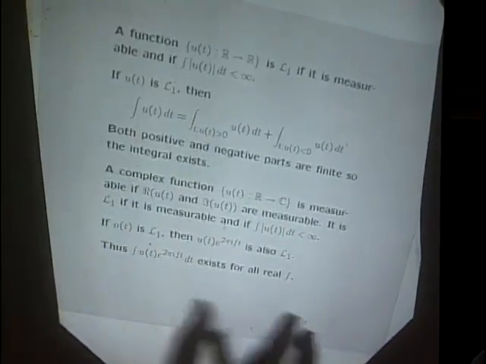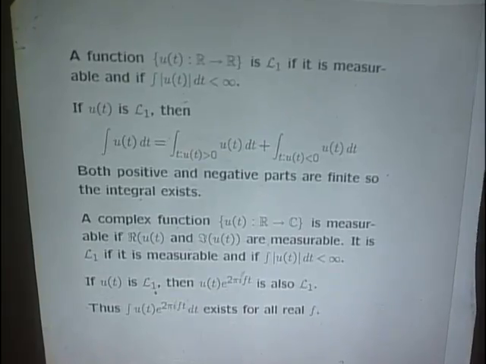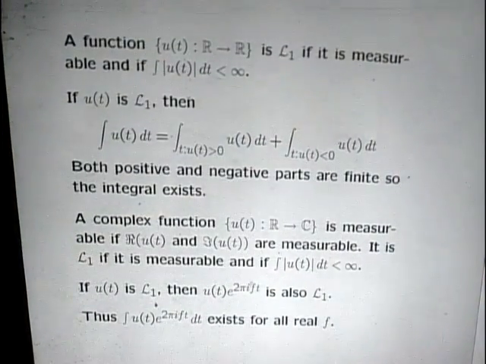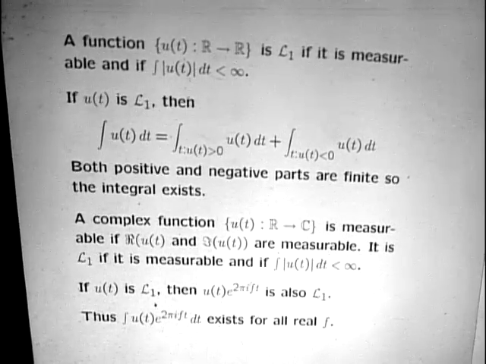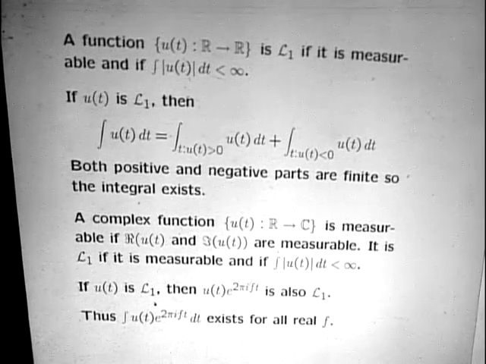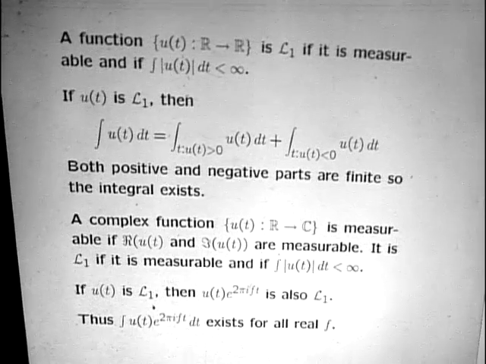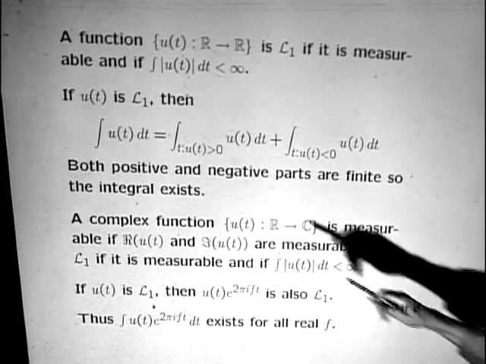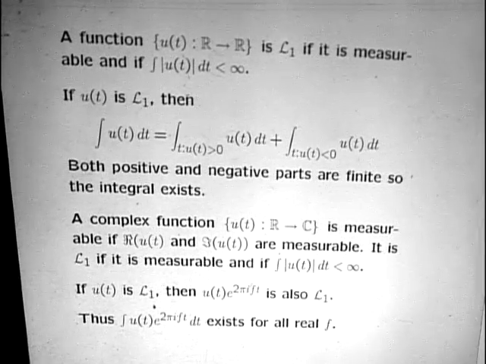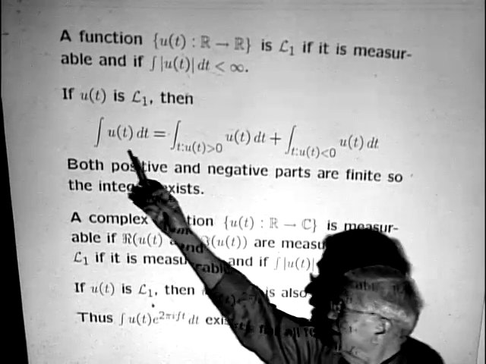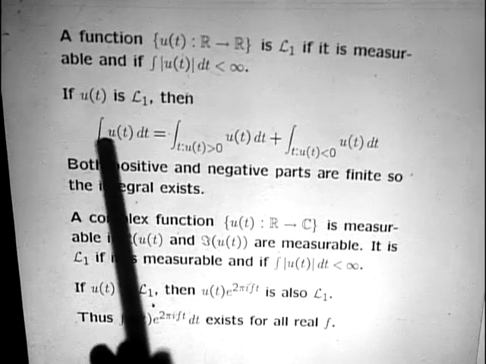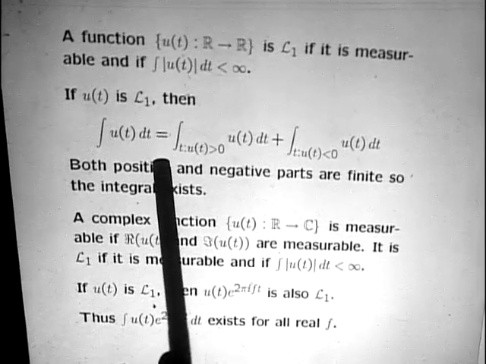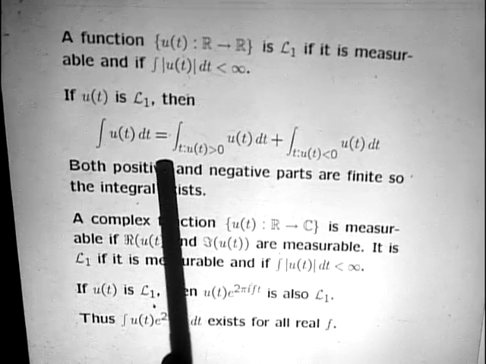Okay, so then we went on to say that a function is L1 if it's measurable and if the integral of its magnitude is less than infinity. And so far we're still talking about real functions. And if u of t is L1, then you can take the integral of u of t and split it up into two things.